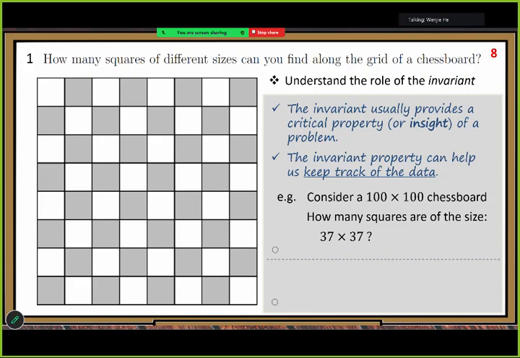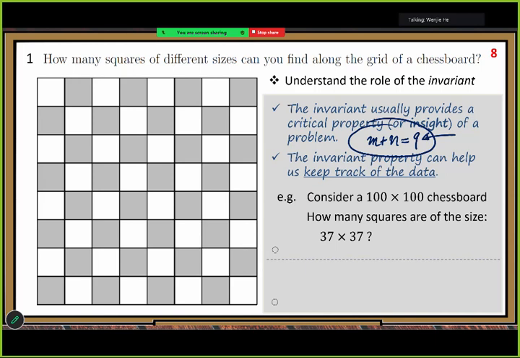When we answer this question, remember the definition of the invariant in our previous standard chessboard, and you need to interpret this line. Why is it a 9?